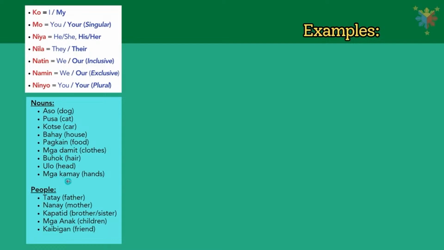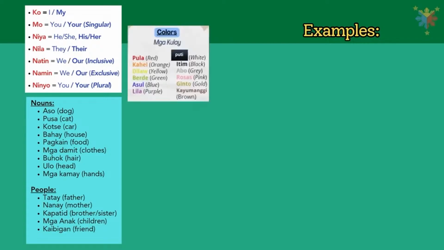Mga kamay means hands. Now here are some words for people that you might know. Tatay, father, nanay, mother, kapatid, brother or sister. So that's gender neutral. Kapatid is a brother or a sister. Mga anak, children, kaibigan, friend.